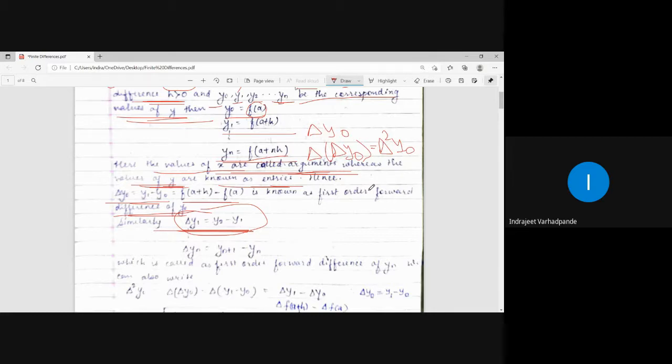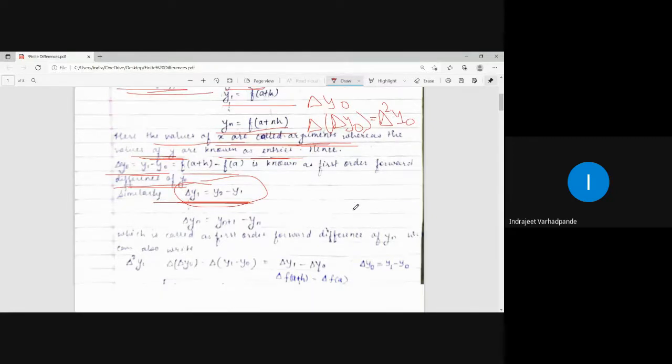The generalized term can be called the rth order forward difference of yn. What is the generalized term of y? It is y. What is the generalized term of order? It is r. So in general, I can have the rth order forward difference of yn.